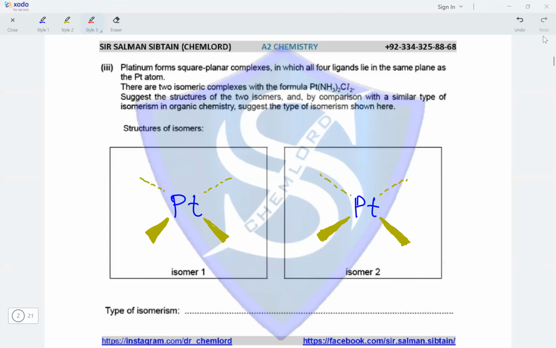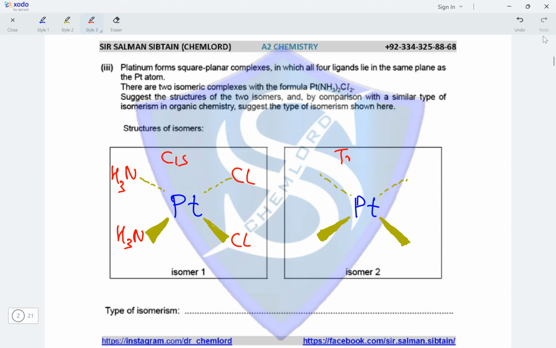In the cis isomer, we would have two chloride ions on adjacent positions attached to the platinum ion, and two ammonia on adjacent positions on the other side of the complex. So this complex is what is known as the cis isomer.